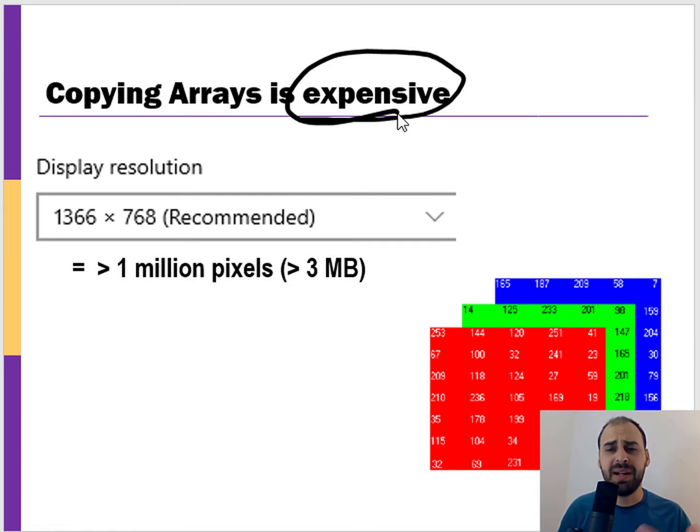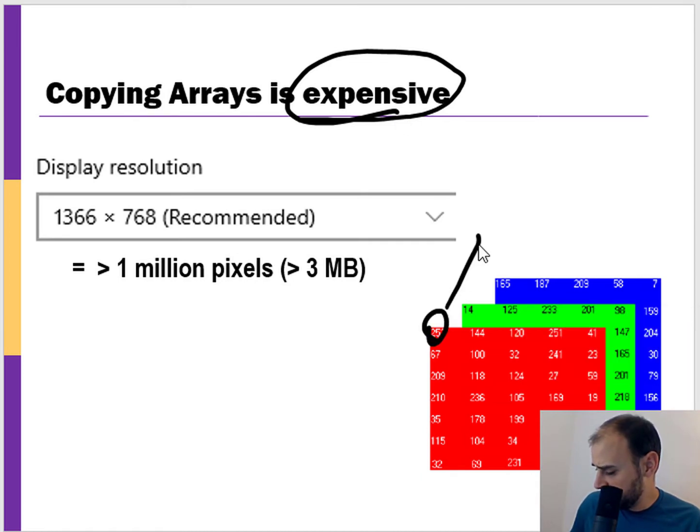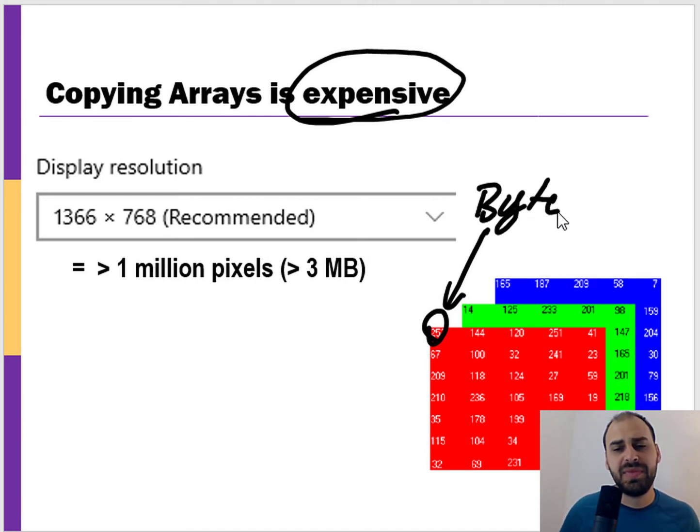I looked at the resolution of my laptop screen, and it has over 1 million pixels. If each color component is 1 byte, you're talking about over 3 megabytes to store one image if you're storing the red, green, and blue individually. That's a decent amount of data.